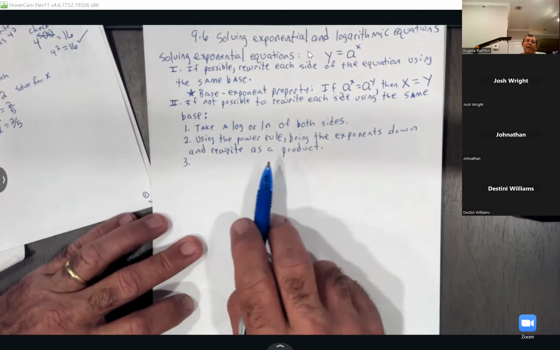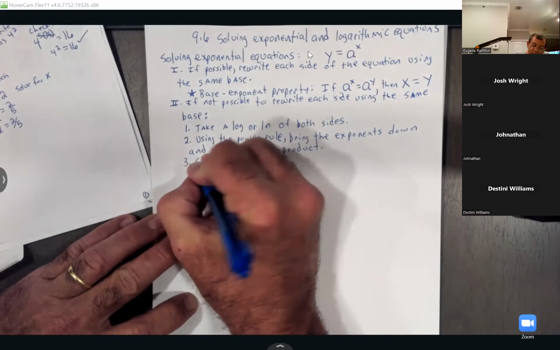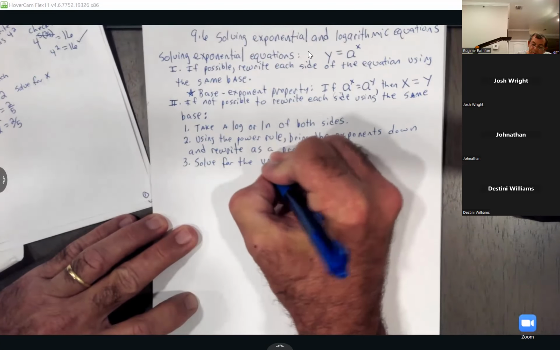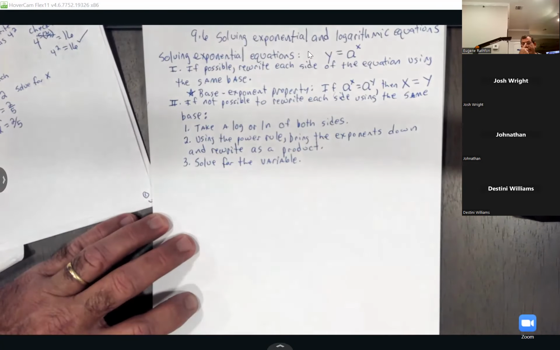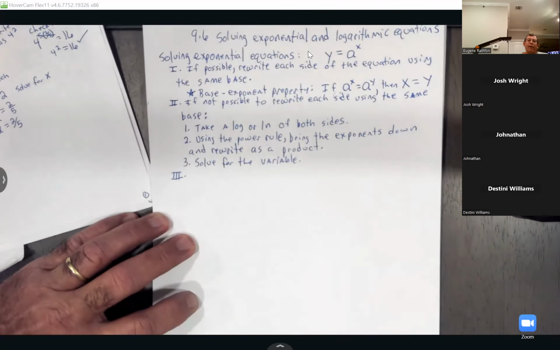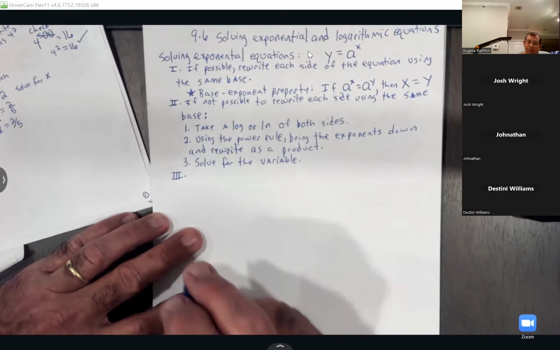All right, y'all, then what I do next, I'm going to start solving for the variable. So I'm going to solve for the variable. And y'all, at that point, the last thing I'm going to do, check my answers if needed.